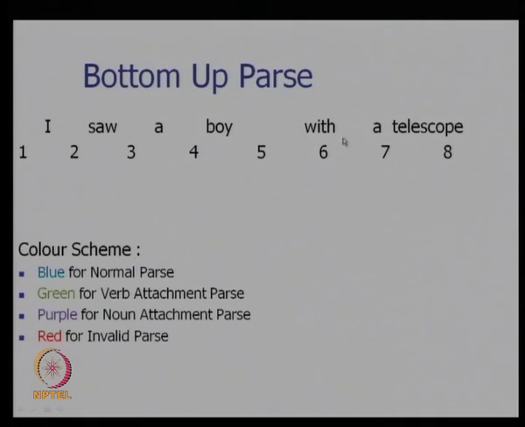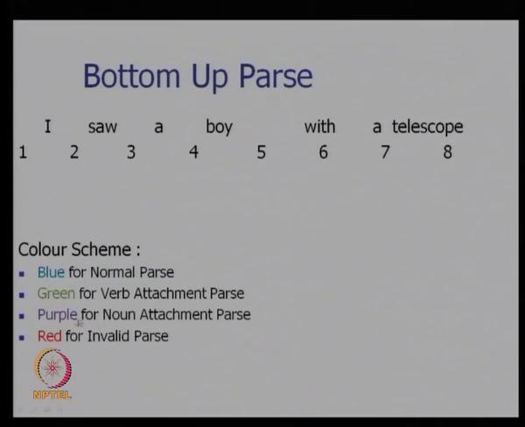I saw a boy with a telescope. Note the positions: 1 before I, 2 between I and saw, 3 between saw and a, and so on, and finally 8, which is after telescope to indicate the end of sentence. Okay.